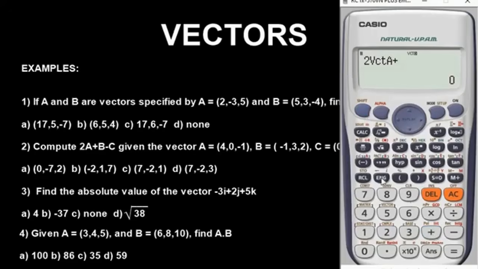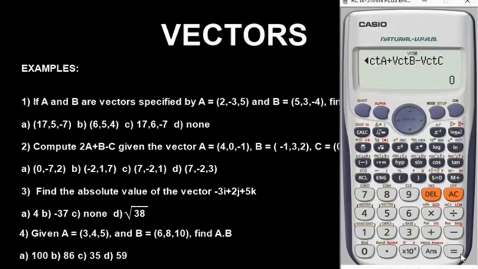Press Shift button 5. So we have minus c, vector c. Shift button 5, vector c is 5. So that's it. Let's press equal to now and get our answer.